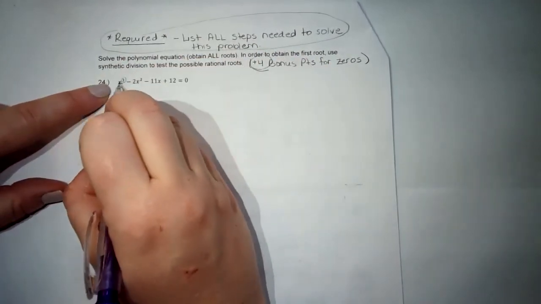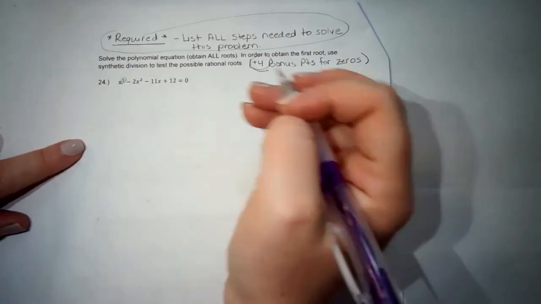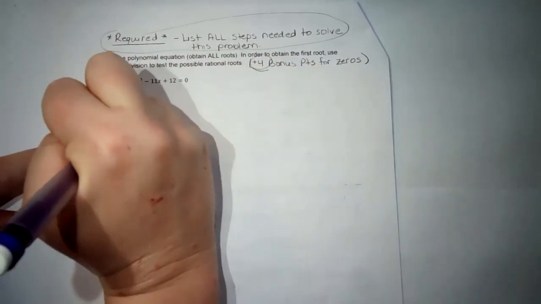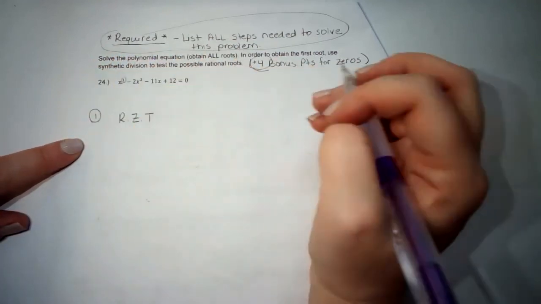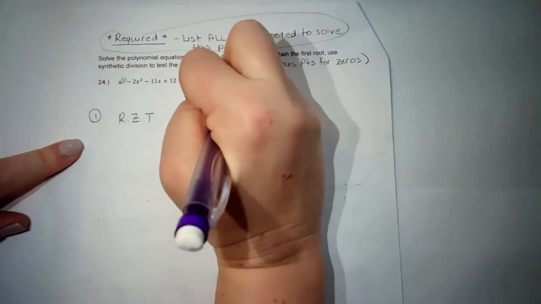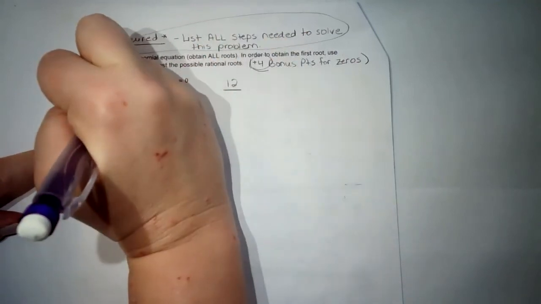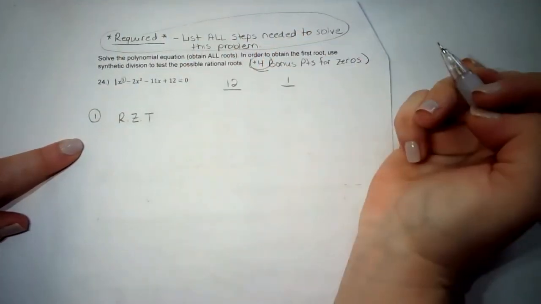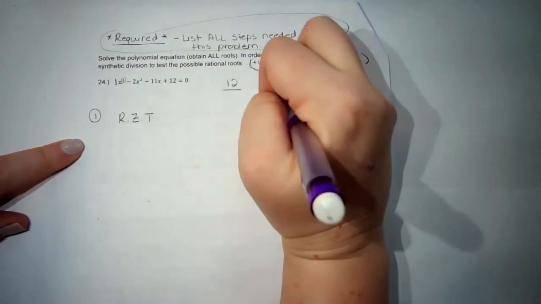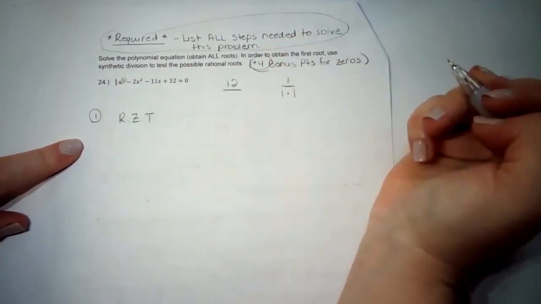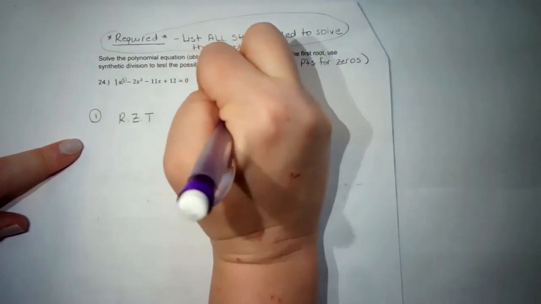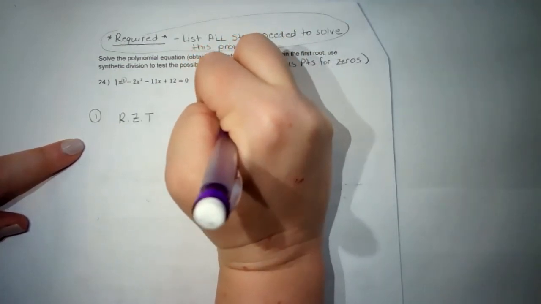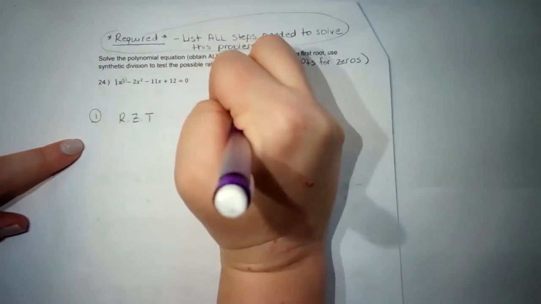We know that we're going to have 3 answers. So first thing we're going to do is the rational zero theorem. We're going to have to come up with factors of 12 and factors of our leading coefficient, which is 1. So factors of 1 is just 1. For 12, though, there's going to be a lot: 1 and 12, 2 and 6, 3 and 4.